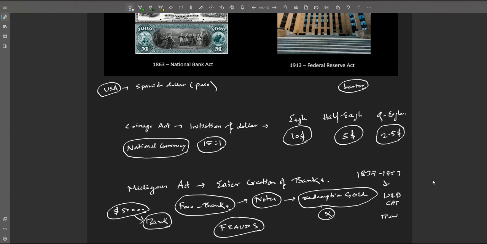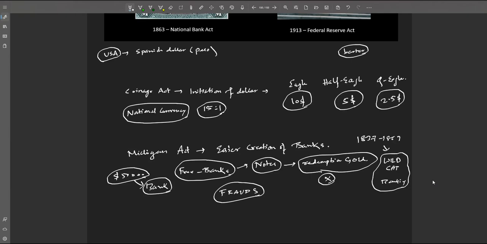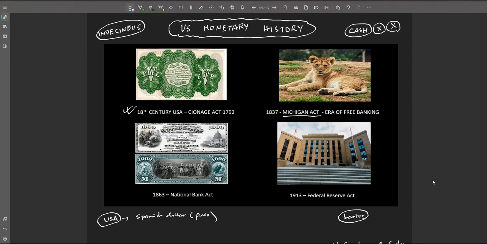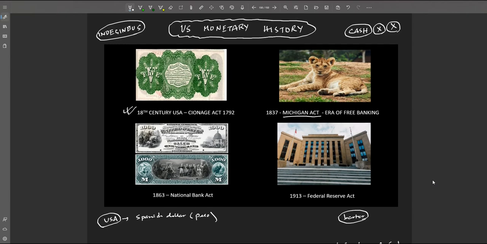In this period, the United States experienced how freeing up regulations could create chaos in the economy, through undercapitalized banks that would not be able to keep their promises when people came to redeem their notes with actual money or gold. This period was called wildcat banking, and that's why we are symbolizing this phase with this image.